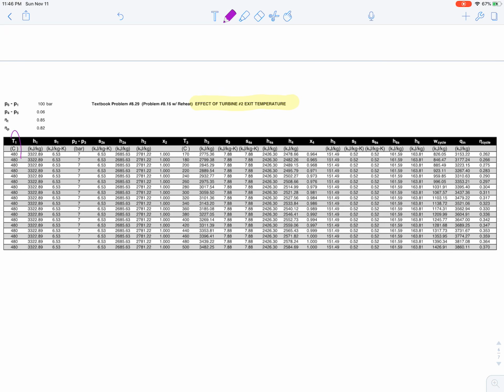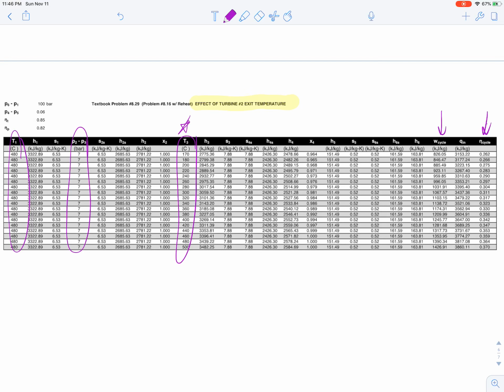So note that we fix the inlet temperature to the first turbine at 480 Celsius. In this case, I'm fixing the intermediate pressure at 7 bar, and then I'm varying the reheat of the second turbine from 170 up to 500 Celsius. And then let's see again how that affects our performance.